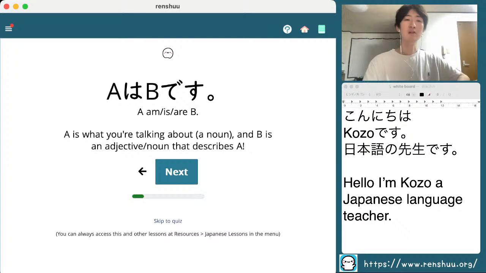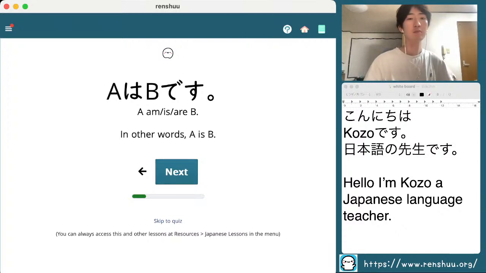But later you're gonna learn how to put a verb in it, like you need to conjugate it. I think it's the same as in your language. In other words, A is B.